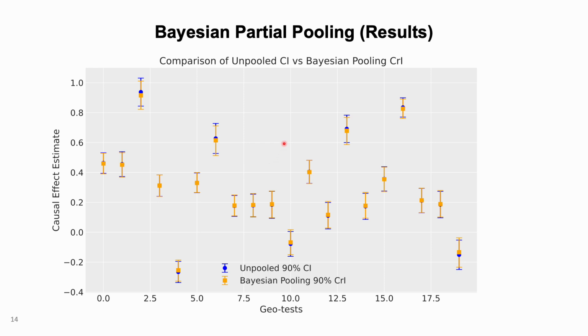So overall, we think the Bayesian partial pooling does not improve the estimation variance significantly in our synthetic data compared with the unpooled approach.